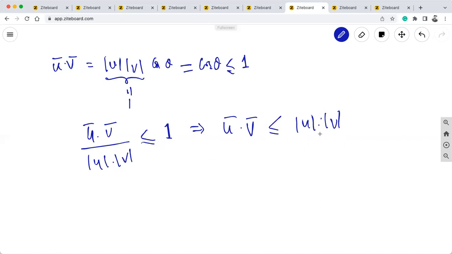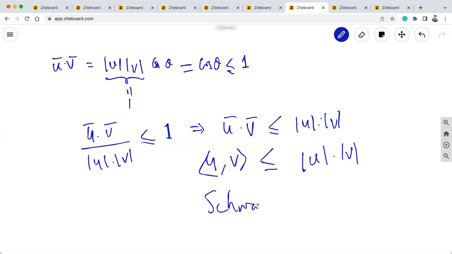Alternatively, you can write it in ket notation also. So you can write it as well as this, u and v is less than or equal to the modulus u into modulus v, or the norm u norm v, and this is known as the Schwarz inequality.